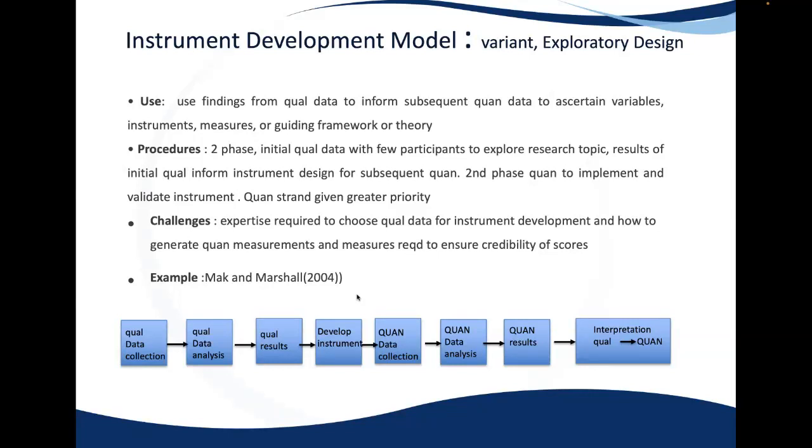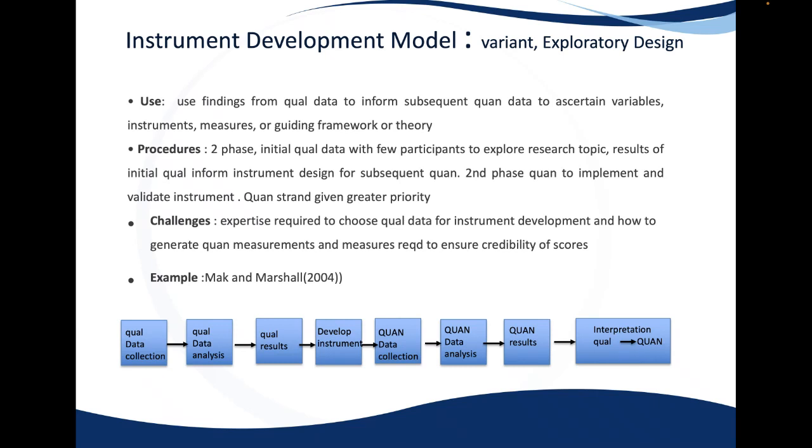If you've figured it out, you will realize that some particular designs have very particular characteristics, and for that reason they are named in a way that tells you the characteristic. So the instrument development model, for example, is where someone will do a qualitative study, then take the qualitative outcomes and say, okay, these qualitative outcomes tell me that these factors matter.